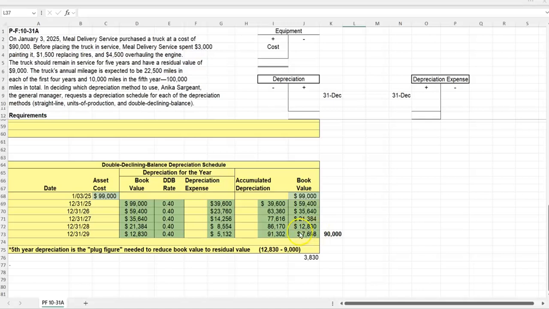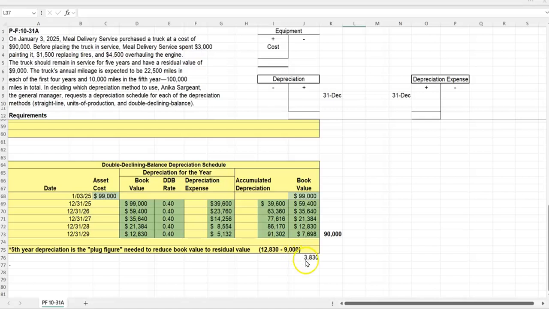Okay, that's the max we can go because we didn't take out the depreciable scrap value at the beginning in the formula. We've got to make sure that we don't go above 90,000 of our accumulated depreciation. So the $12,830 minus our residual value, $9,000.